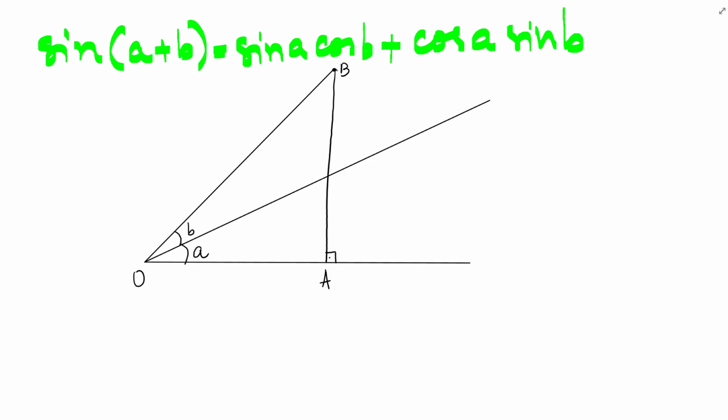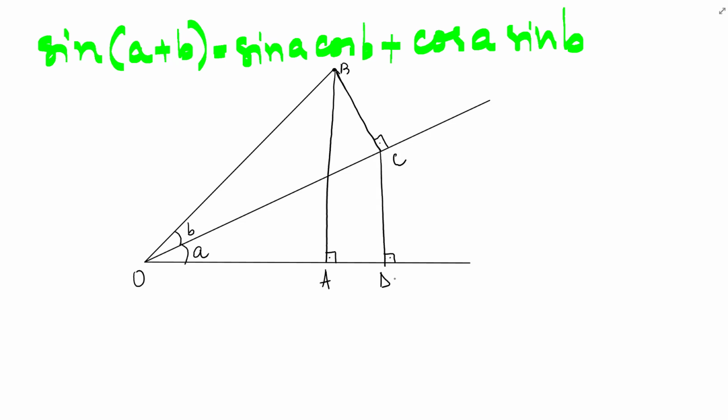Then from B, let's construct a perpendicular to this side, which we call this point C. And from C, we go with a perpendicular line to this segment, and we call it D.